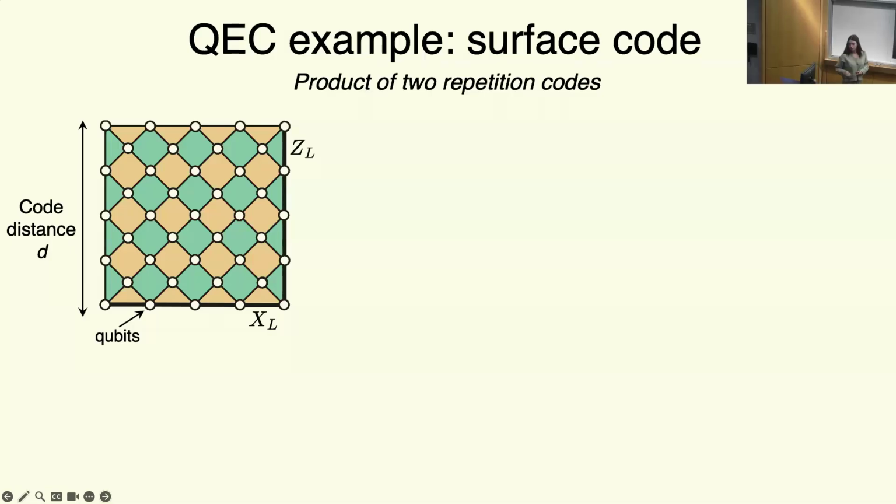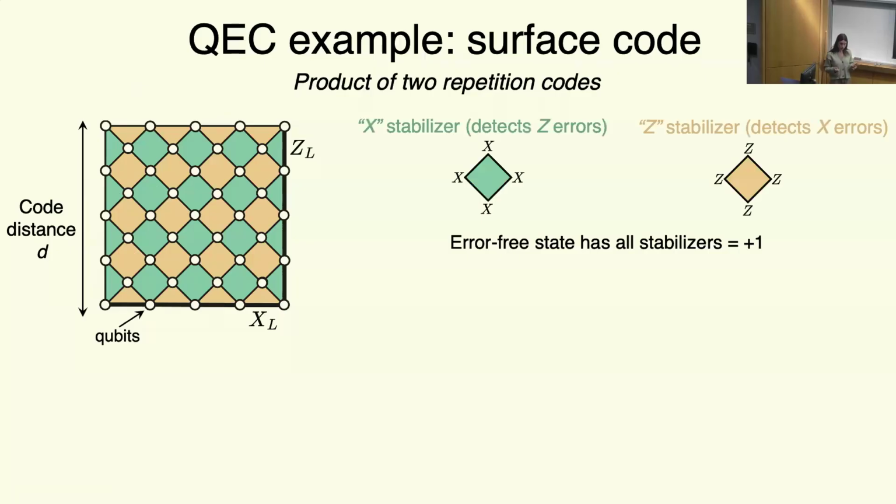So the vertices here on this grid are the physical qubits, and then this tiled pattern that you see is these so-called stabilizer operators, which are basically encoding these parity measurements that we're using to detect errors. So we'll have two types of stabilizers. An X stabilizer is a product of Pauli X operators on our individual physical qubits.